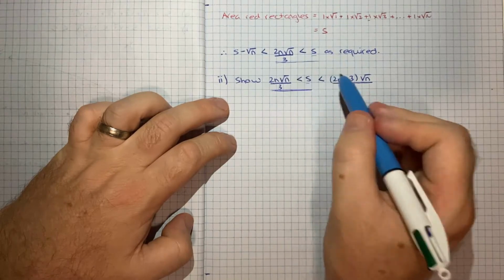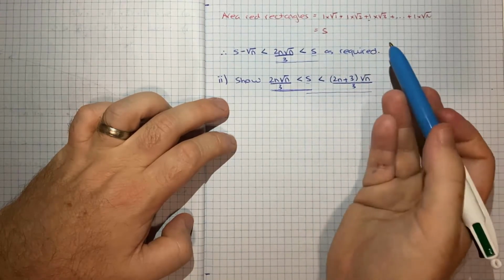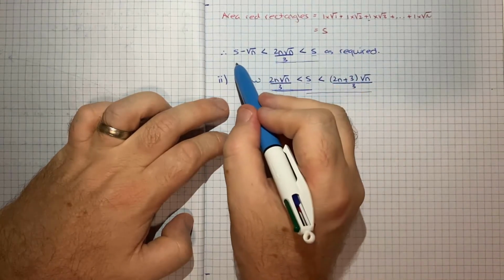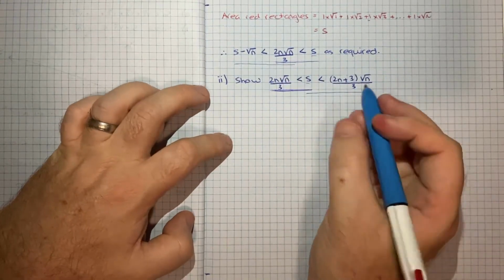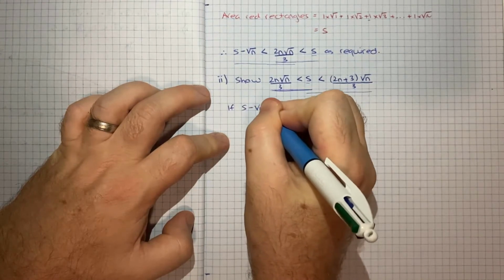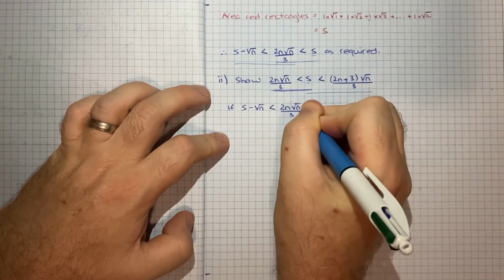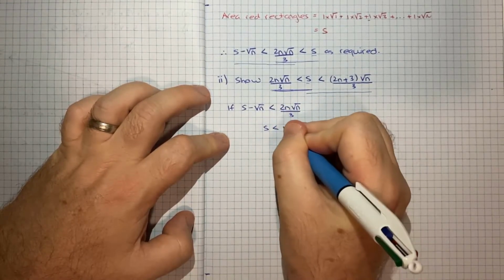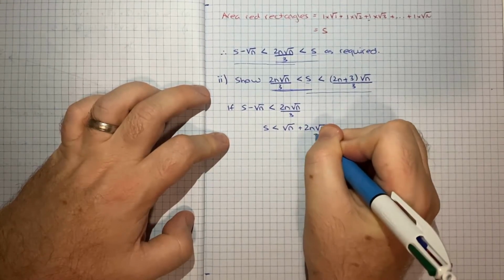So really, it's just about thinking about this part here, which given we're told, think about what you just showed, maybe it's simply a rearrangement of this. So let's start with that. What we can say is if s minus root n is less than 2n root n on 3, then I can just bring the root n over. So s would be less than root n plus 2n root n on 3.